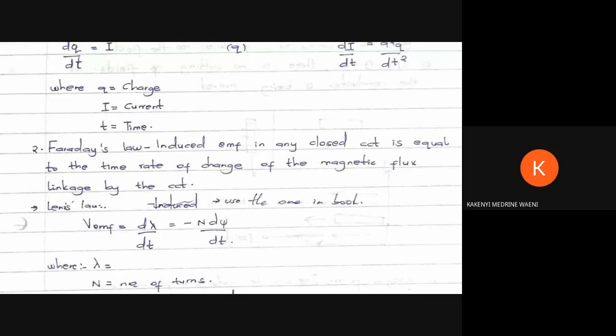Lenz's law states that the induced voltage acts in a way to oppose the flux producing it. Sorry, psi is N times the flux, so it becomes negative N d psi over dt. That's why the negative is there. So that incorporates Lenz's law into Faraday's law.